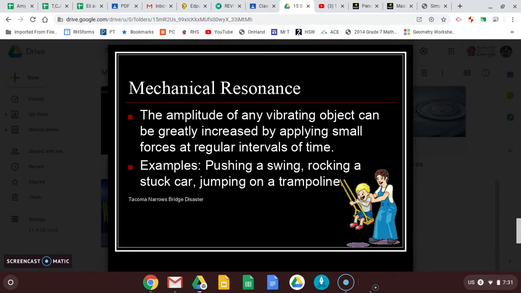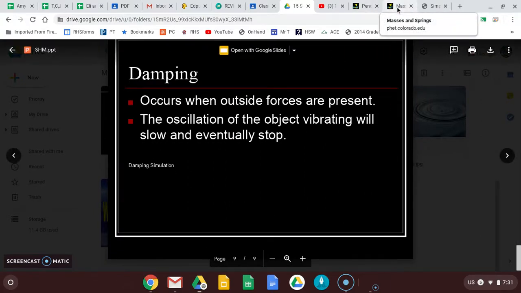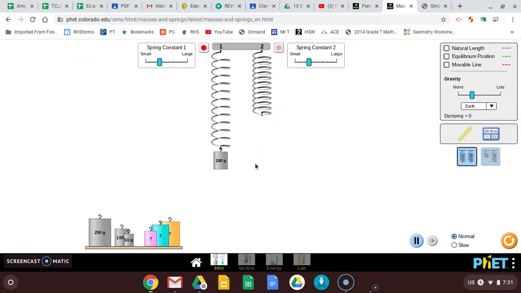All right, and the last final thing, just known as damping. Both of these simulations I was just playing, I turned off damping. Damping is kind of a catch-all term for resistive forces like friction and air resistance that cause it to stop.